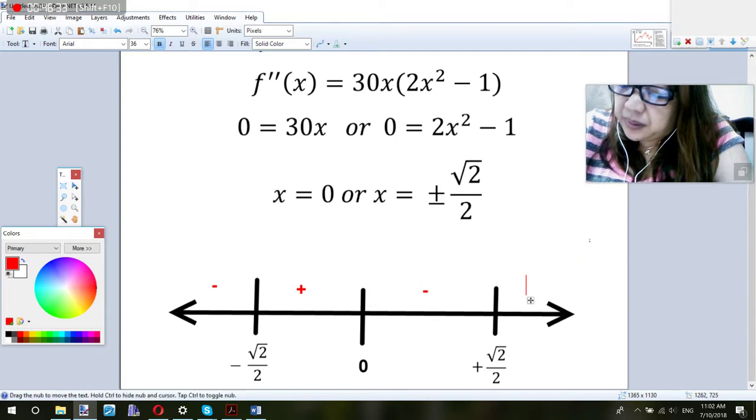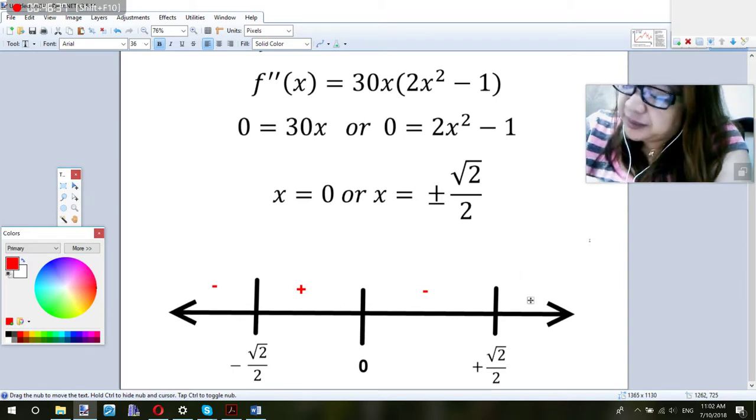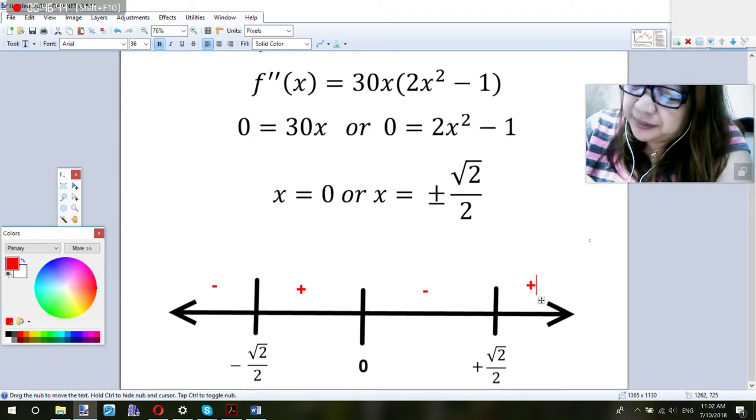Okay, last one. If I plug in positive 10, what do I get?